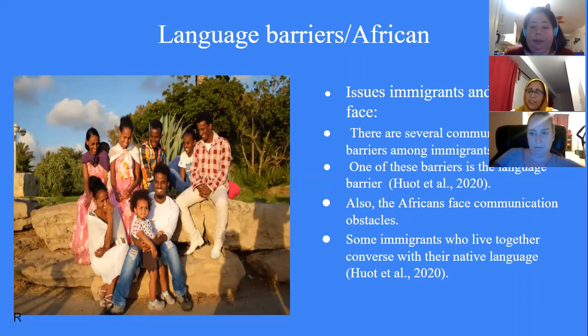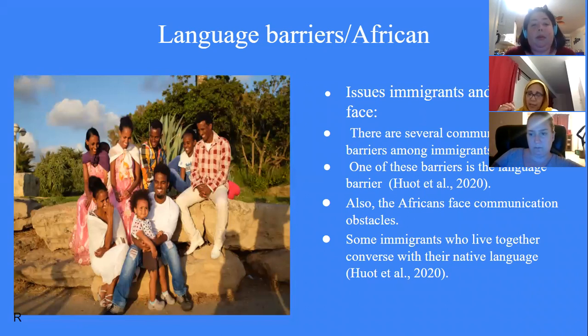The second one is face communication obstacles, lacking familiarity with the unspoken rules for Canadians. These communication barriers cause them to lack access to networks or lack recognition.